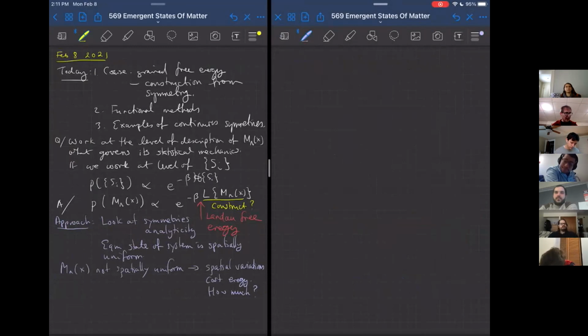So the basic idea is that to construct L, it should have the following terms.